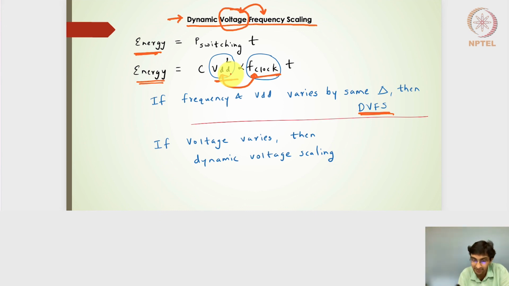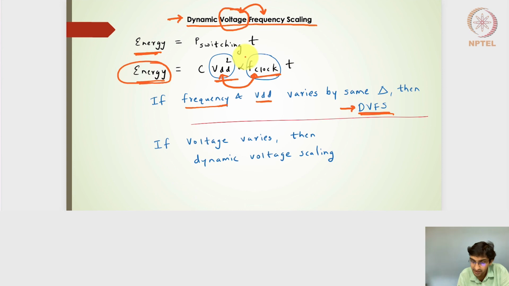If it is decreasing, I will have significant savings in the energy. So if the frequency is increasing, VDD is also increasing, or if I have a lower rail voltage, then I will also reduce my clock frequency. In that sense, that particular architecture is called dynamic voltage frequency scaling.